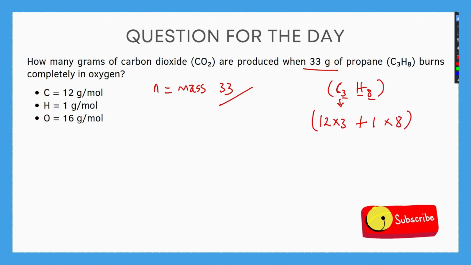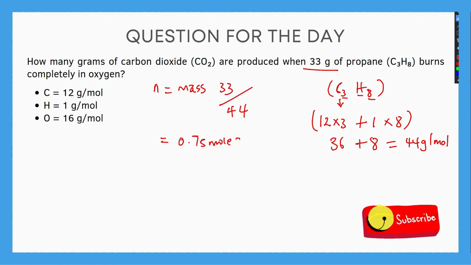So altogether 12 times 3 gives us 36, plus 8. 36 plus 8 is 44 grams per mole of propane. So the number of moles of propane will be equal to 33 divided by 44, which is 0.75 moles of propane. So now we've converted the 33 grams into 0.75 moles.